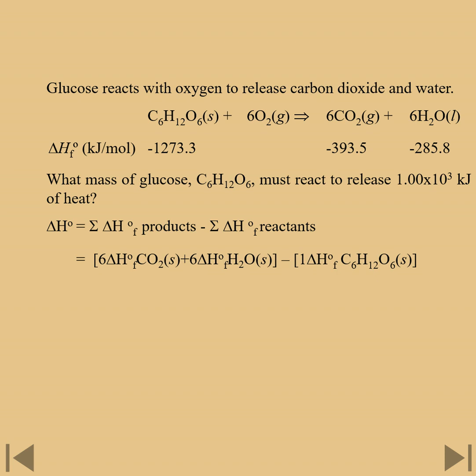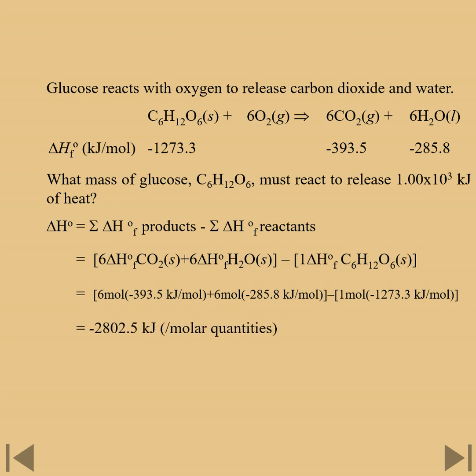Minus the heat of formation of the glucose. Let me go ahead and grab those. Again, these were all given in the problem. And that gives me the enthalpy of reaction. That's the first thing we need to do.